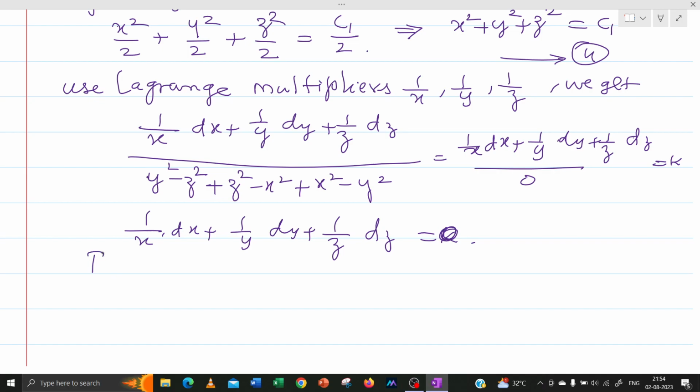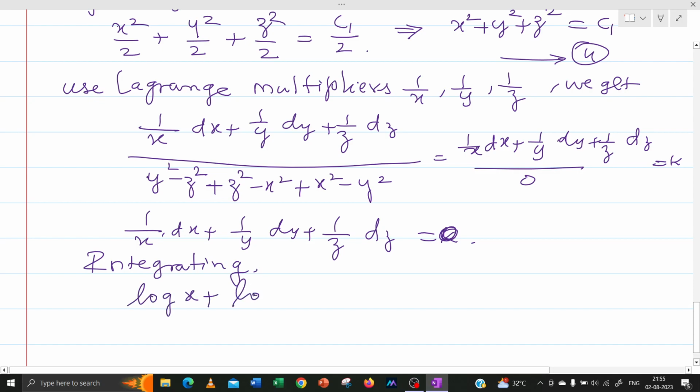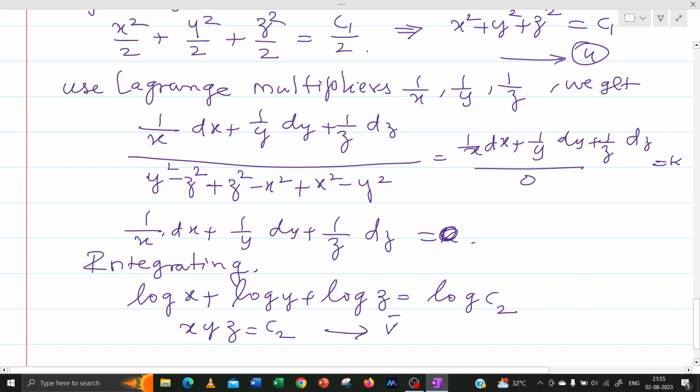So integrate on both sides, we will get log x plus log y plus log z equal to log c2. That means x y z equal to c2, which is solution v.